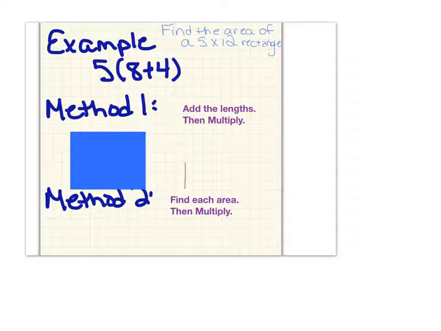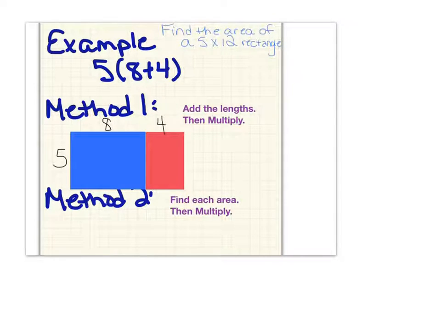I'm going to use the same tool, actually. Okay, I have 2 rectangles here. It's a large rectangle, but I've broken it into 2 smaller rectangles. The width is 5. This rectangle has a side length of 8, and this one has a side length of 4.